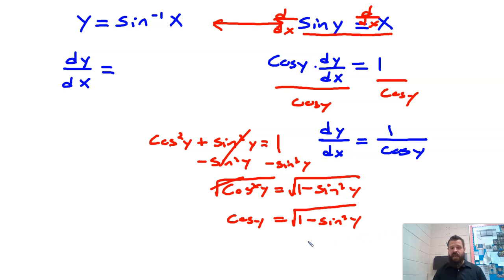Now I have an expression for cosine y, but this sine squared still has a y in it. The trick here is I'm going to go back up to the original way we rewrote y equals sine inverse of x. We wrote it as sine of y equals x. So the sine of y is just x, meaning I can replace this here with just an x squared.